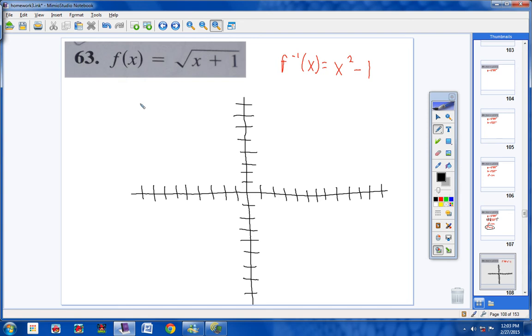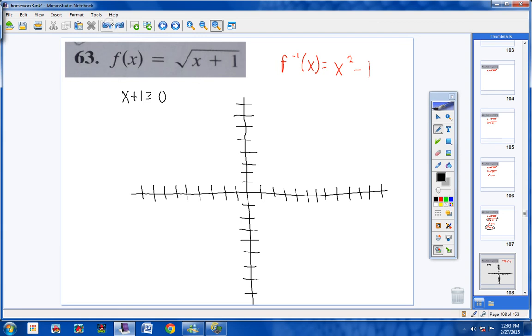Alright, now let's see here. X plus 1. First of all, the inside of your radical has to be greater than or equal to 0 because you can never take the square root of a negative number, correct? For example, you could not put -2 in for x because -2 plus 1 is -1, and you do not know the square root of -1.